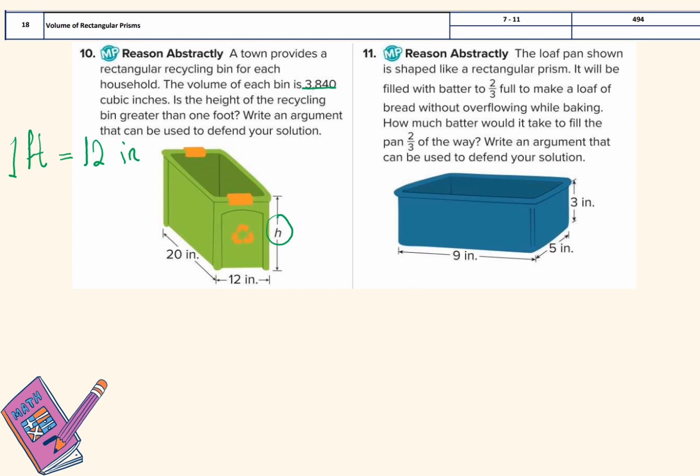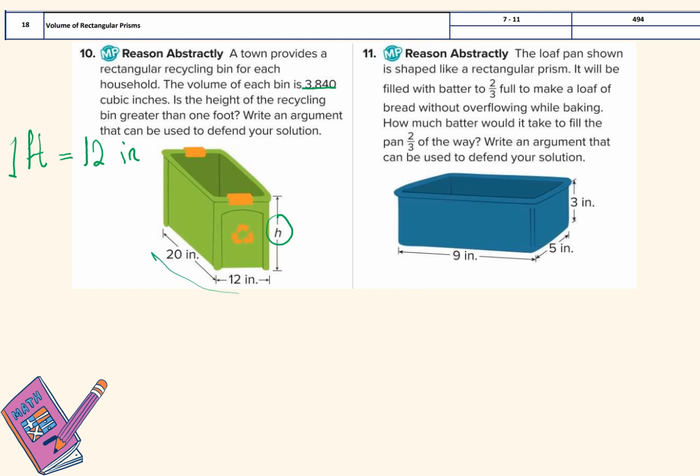So to find the height, as I explained in the previous part, we're always going to reverse the operation, or undo the operation. When we find volume, we multiply the 3 dimensions. But now when volume is given, I will be dividing the volume by the product of the other dimensions.